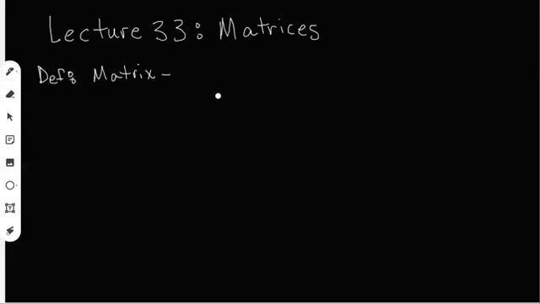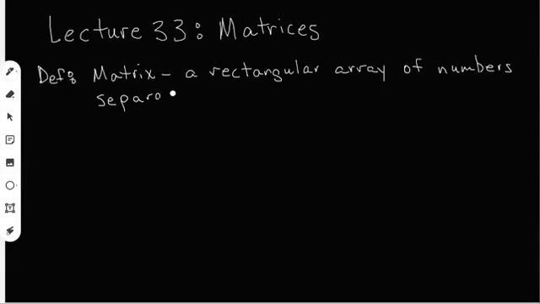Okay? So a matrix is just a rectangular array of numbers, separated into rows and columns.